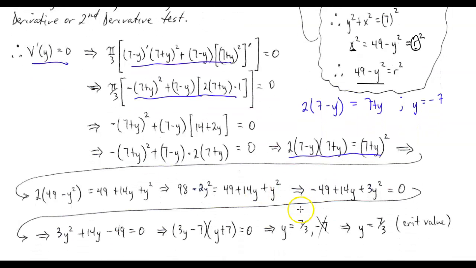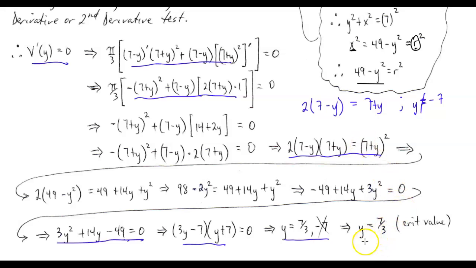And so once I get to that point, I see that I have this quadratic equation. I factor it out, and I see here that my values end up being 7/3 and -7. And again, just like I was telling you, I wouldn't be able to have -7 as an answer, because when we're talking about length or height in this case, it always has to be non-negative.